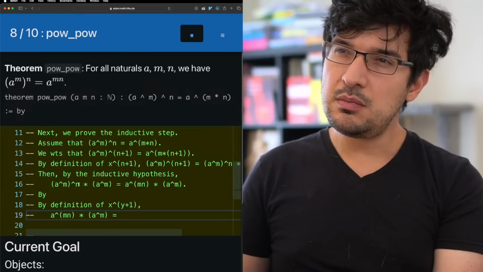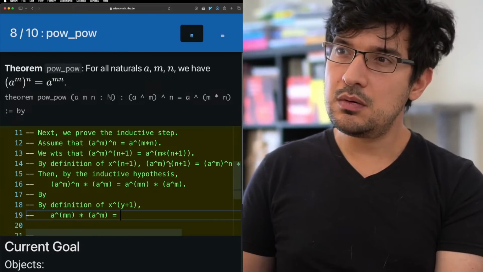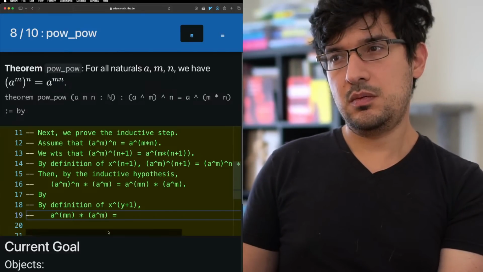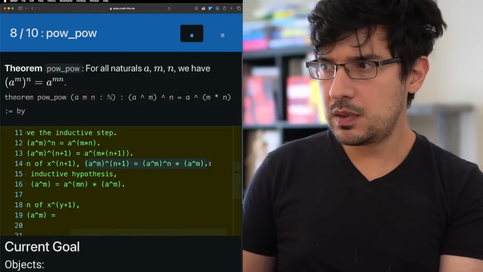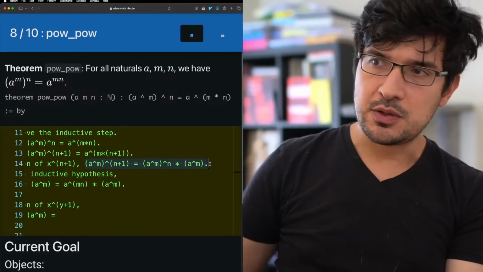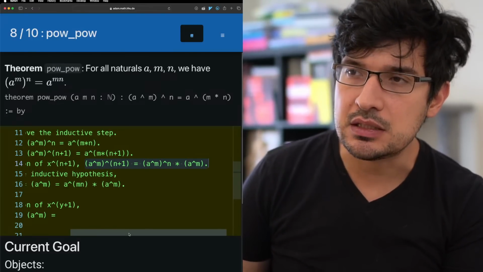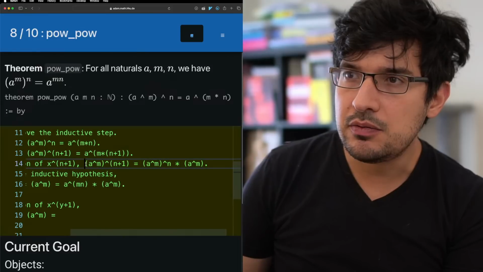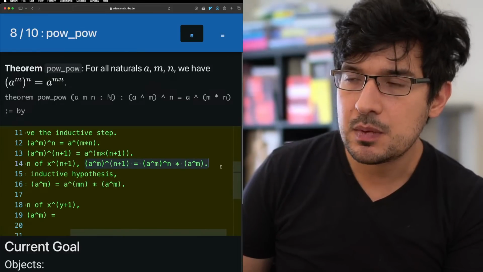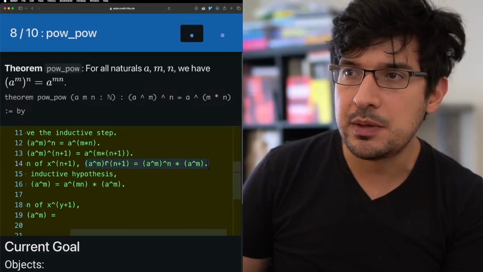A raised to the mn. So we came from here. Probably doing a long chain of equalities in the center of the page would make this easier than breaking it into separate sentences each time. But yeah, I feel pretty good that this is the first step. The definition of power raised to the successor.